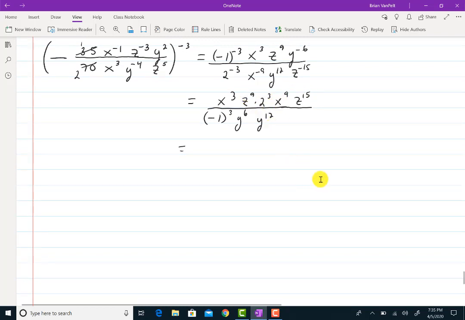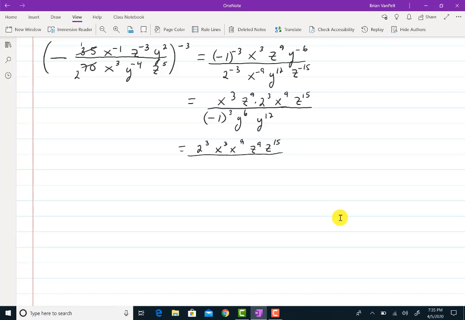Now to do the x's and the z's, I'm going to rewrite this numerator as 2 to the third, x to the third, x to the 9th. I'm putting my x's together because I'm going to combine them. I got the z to the 9th, z to the 15th.